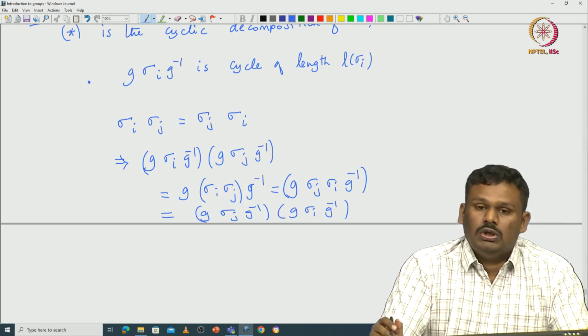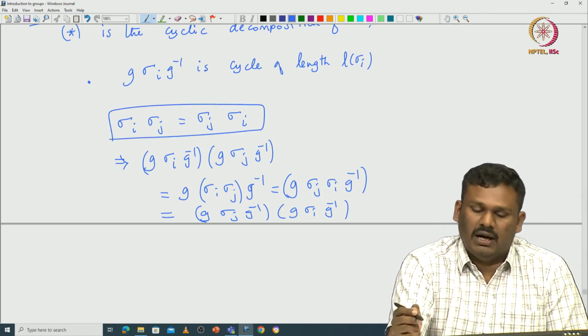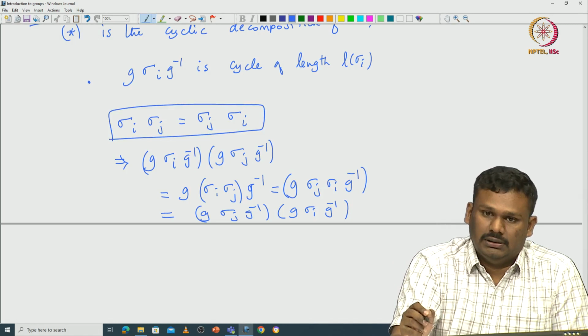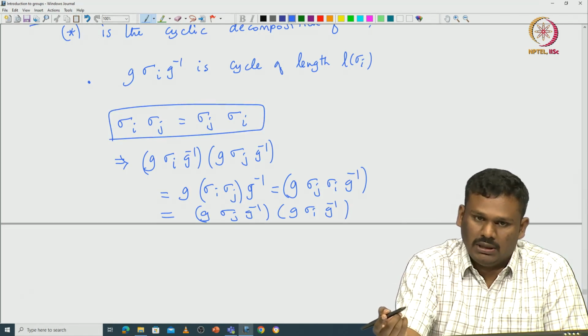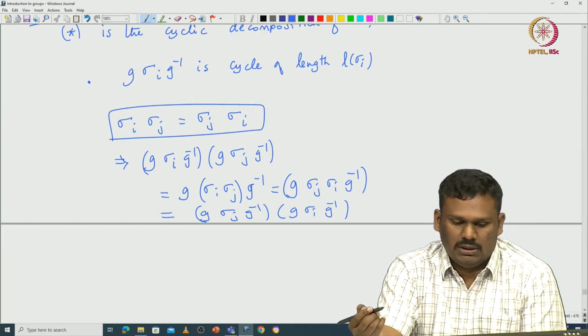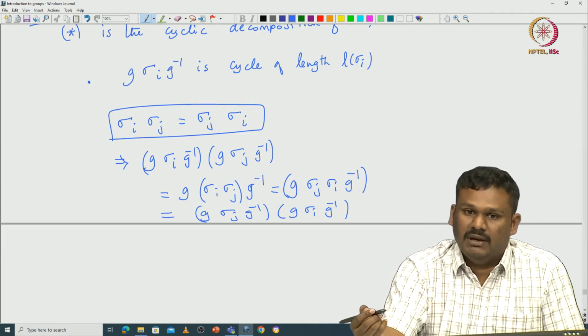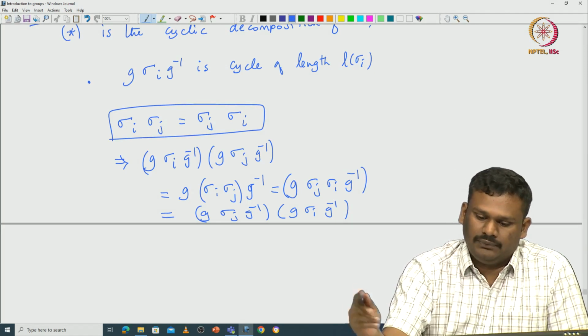So, using this commutation, sigma i and sigma j being disjoint cycles implies they commute, and that would force that the conjugates by g of sigma i and sigma j also commute.